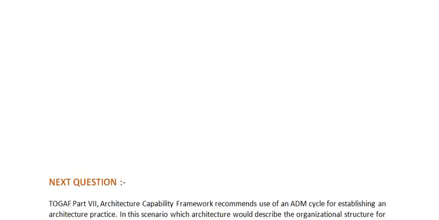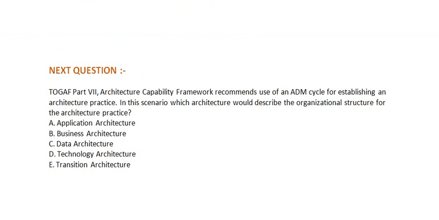Next question is: TOGAF Part 7, the Architecture Capability Framework, recommends use of an ADM cycle for establishing an architecture practice. In this scenario, which architecture would describe the organizational structure for the architecture practice? Option A, application architecture.